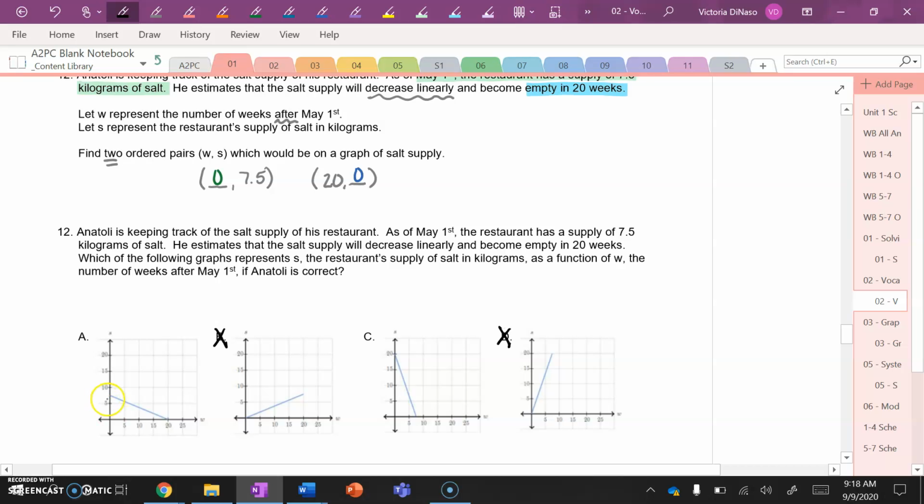So from here, I'm going to go ahead and plot the 2 points that we found. So we have 0, 7.5 and 20, 0. And when I plot those, we're able to figure out my answer is A.